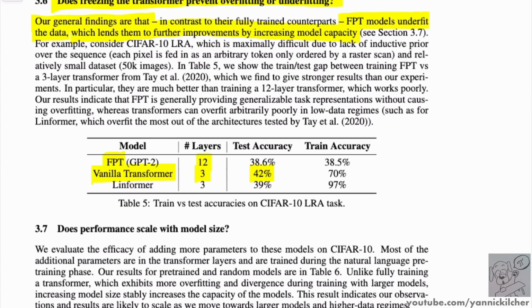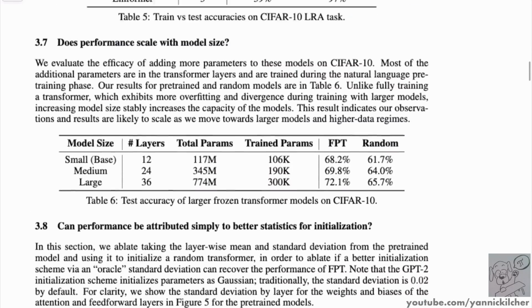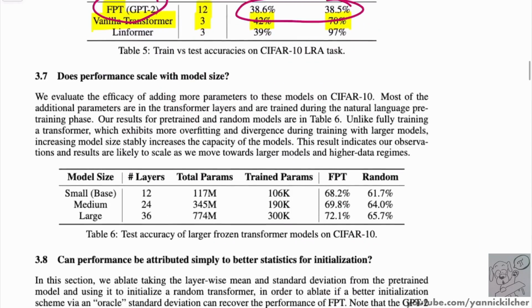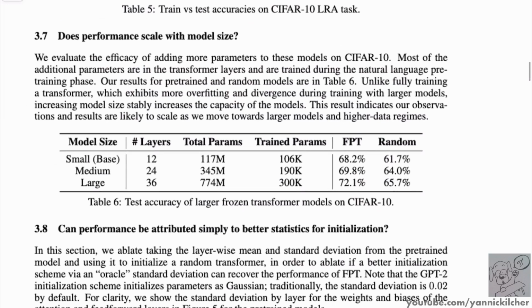However, it does so by reaching a much higher training accuracy. So overfitting is much more of a problem if you fully train the transformer. However, if you use this frozen transformer, you're probably underfitting, as you can see right here. So you could technically scale up and gain more power with this frozen fine-tuning.